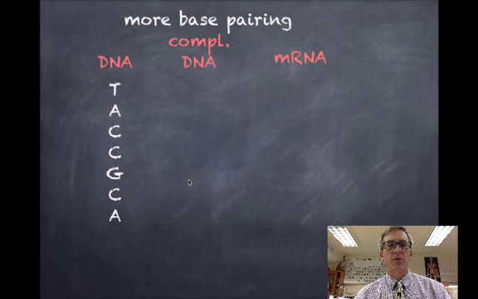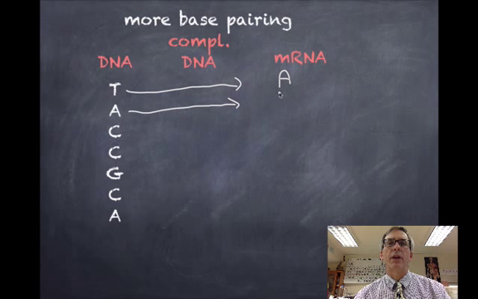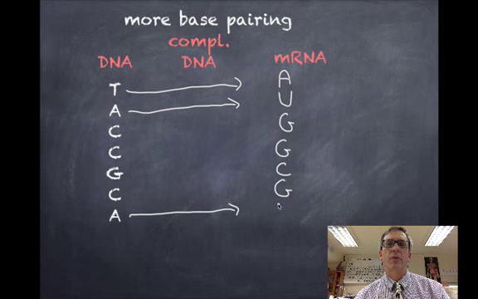Well, the rules switch just a little bit with RNA. The T in the DNA is going to pair with an A, but the A in DNA will pair with a uracil in RNA. C with a G, C with a G, G with a C, C with a G, but remember this A is going to pair with a U in RNA.